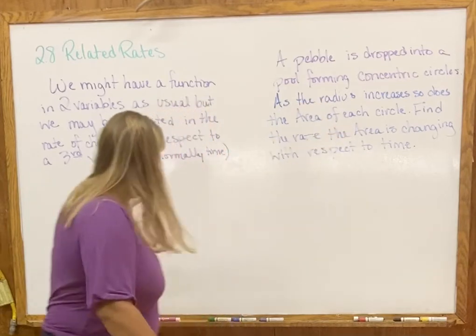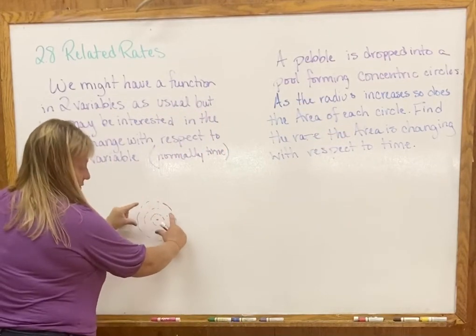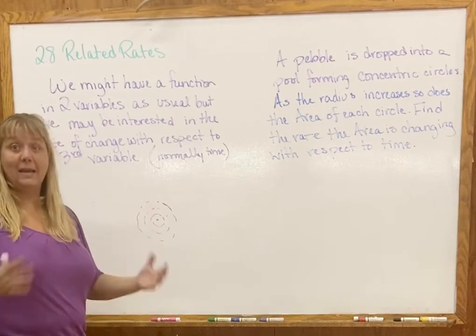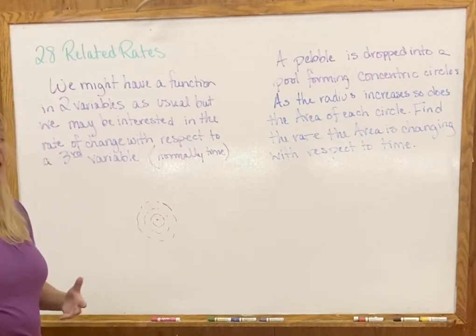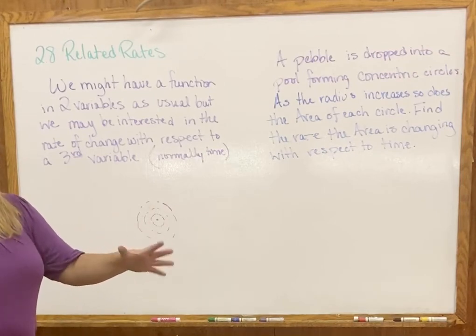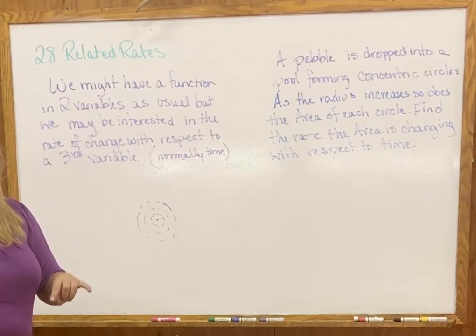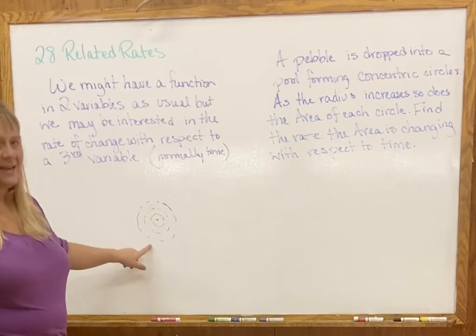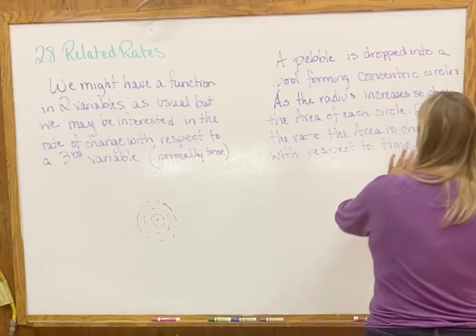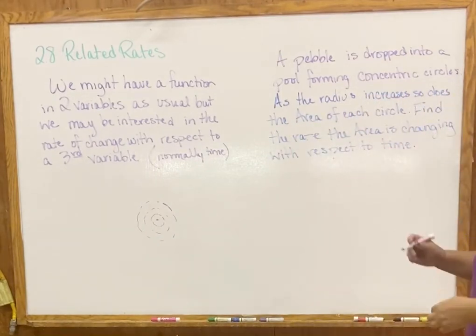As the radius increases, the area of each circle is also getting bigger, right? So there's definitely a change going on here. But while we're looking at area and radius, the change is happening over time. So you see how we've got radius, area, and then we're bringing in this third variable, time.